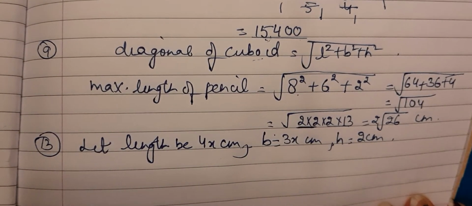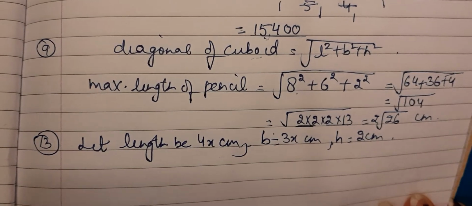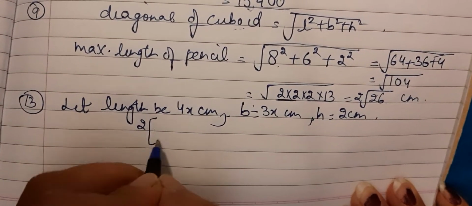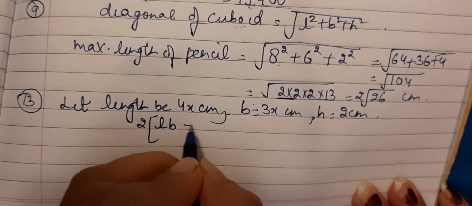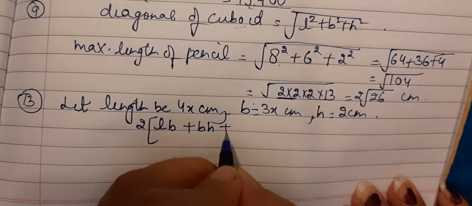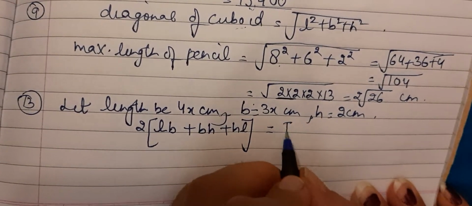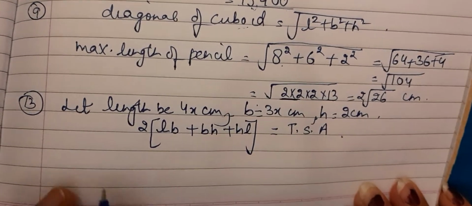Now the total surface area is given to you as 8788. So now we are going to use the formula of total surface area of cuboid, twice LB plus BH plus HL is equal to total surface area.